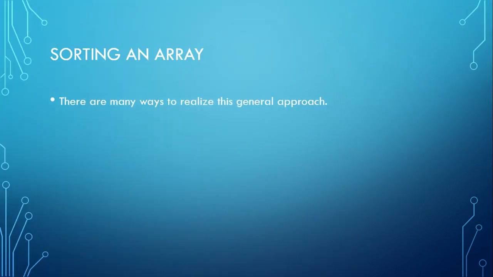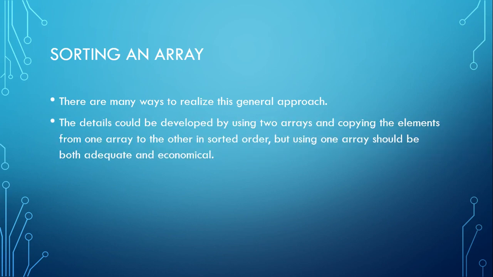Now, there are many ways to realize this general approach. We already saw how to do this with a bubble sort, but now we're going to look at a selection sort. The details could be developed by using two arrays and copying the elements from one array to another in sorted order, but using one array should be both adequate and economical. You could theoretically create one array with your original values, create a second array, and put the values into the second array in sorted order.